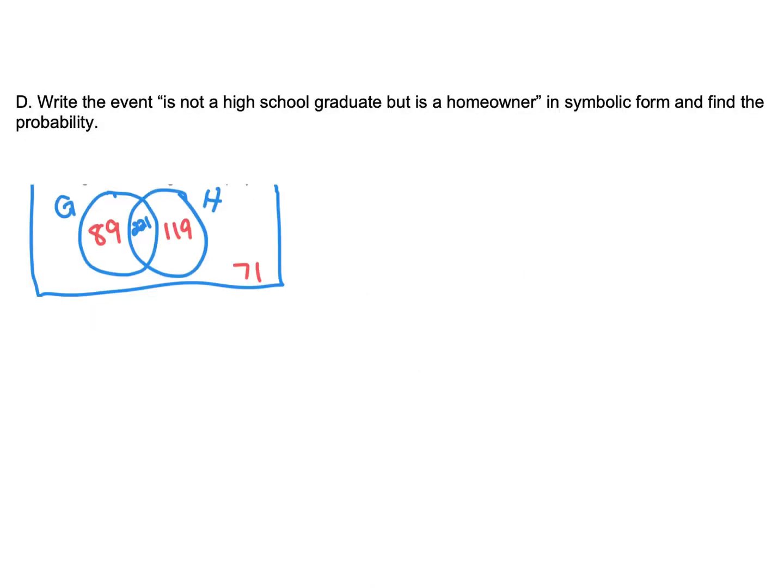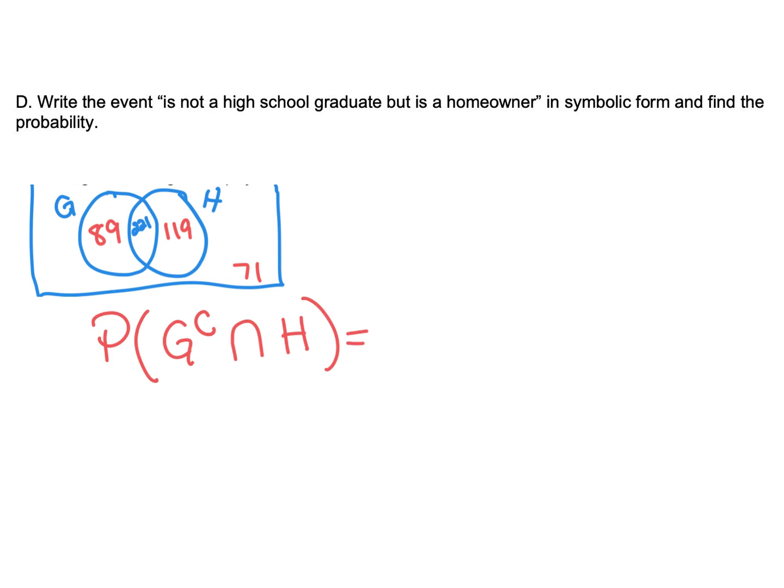So I just copied my Venn diagram from our previous slide. Probability that is not a high school graduate would be graduate complement, but is a homeowner. So this would be and is a homeowner. And then we're going to find that probability.